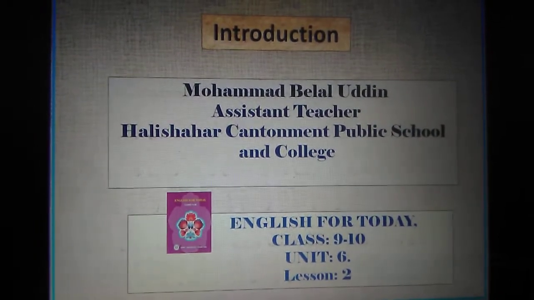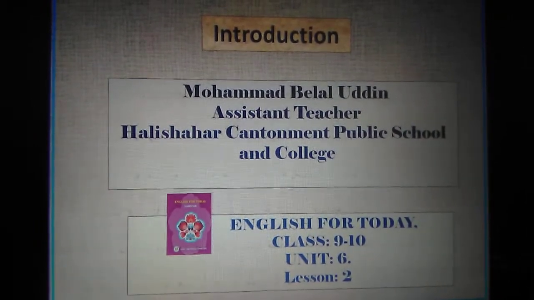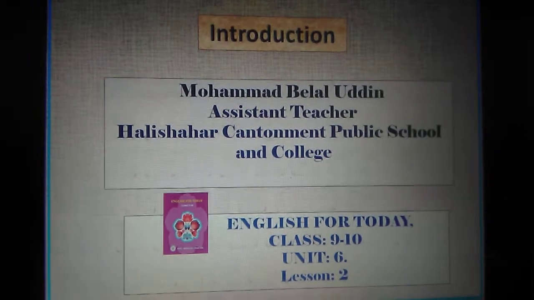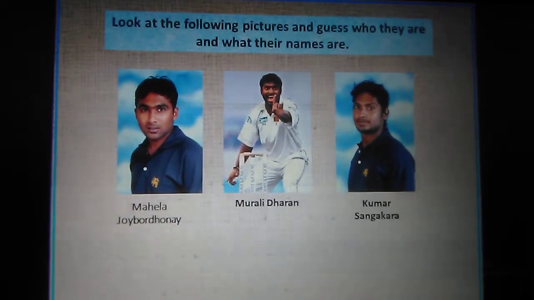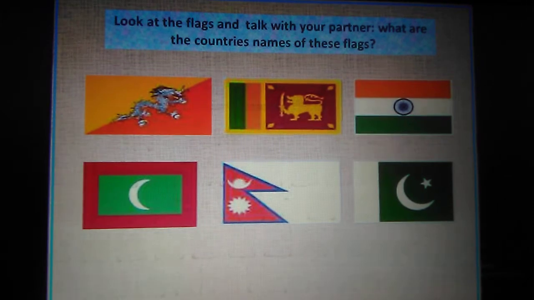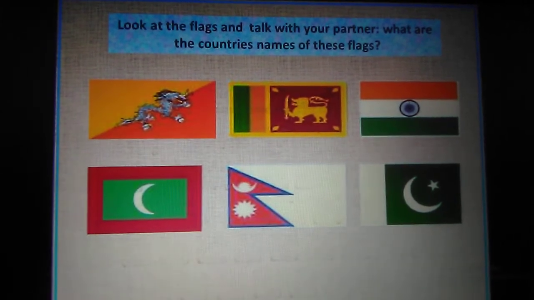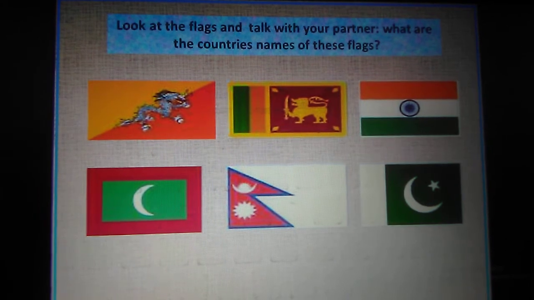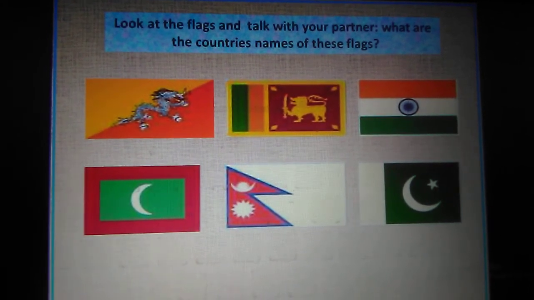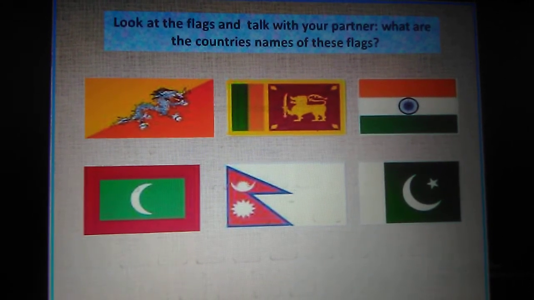Today we'll discuss Unit 6 Lesson 2. Look at the flags and think about the flags of which country they belong to.